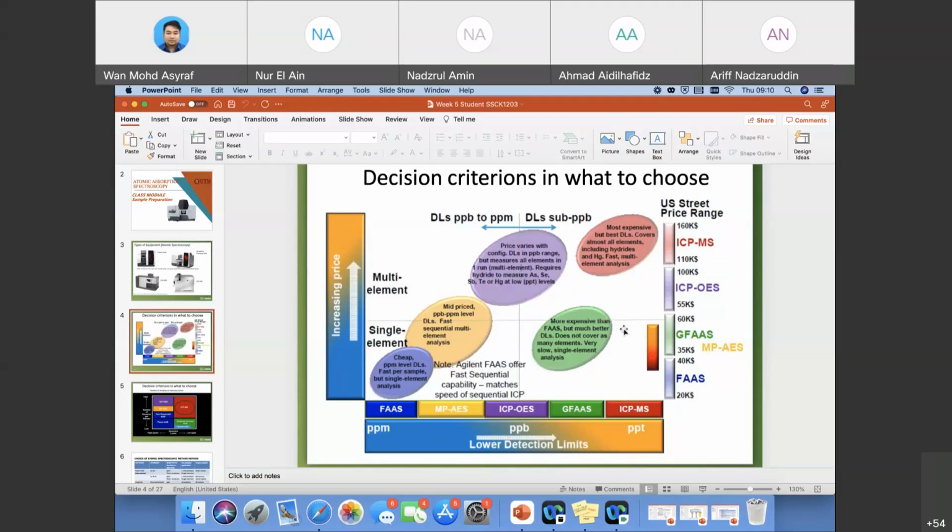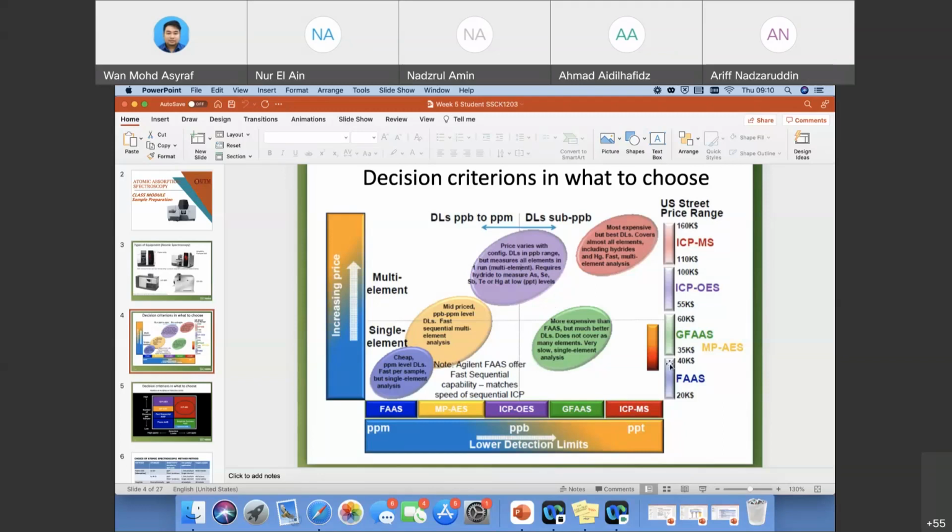If there is the word trace, it means the detection limit needs to be lower, so you go straight to a much lower detection limit, in this case ICP-MS or graphite furnace. That's how you decide which instrument to use based on the information that you have and your resources.